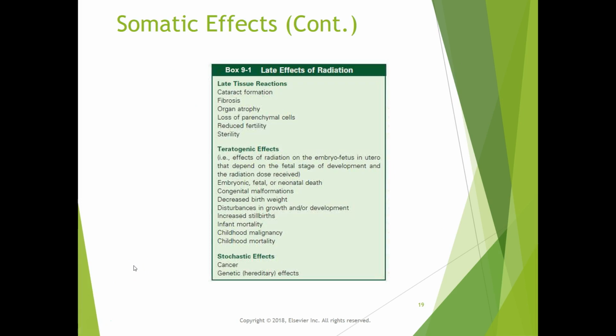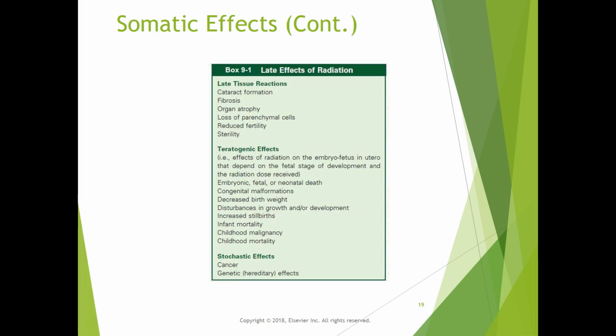Okay, here's a chart with late tissue reactions. Examples are cataracts, fibrosis, atrophy of the organs, loss of parenchymal cells, reduced fertility, and sterility. Okay, stochastic effects: cancer and hereditary effects. The ones in the middle here are effects from an embryo or fetus in utero.